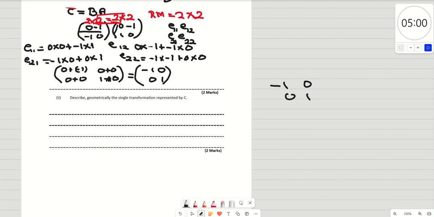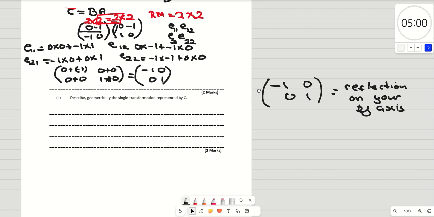No. It is the reflection on your y-axis, not y equals x. So once you know that negative 1, 0, 0, 1 is a reflection on your y-axis, that's the answer here.